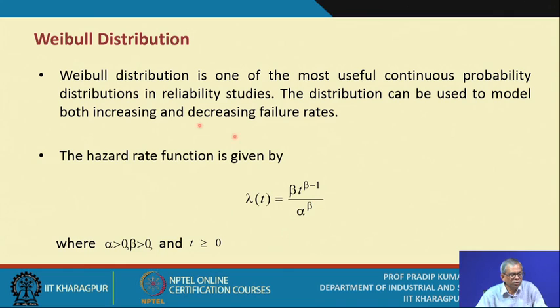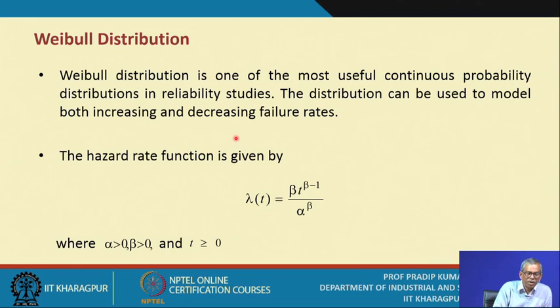Okay. Now, as I have already mentioned, the exponential distribution is a special case of the Weibull distribution. But if you want to model all three phases of the life cycle curve, then you need to assume one single distribution, that is basically the Weibull distribution.